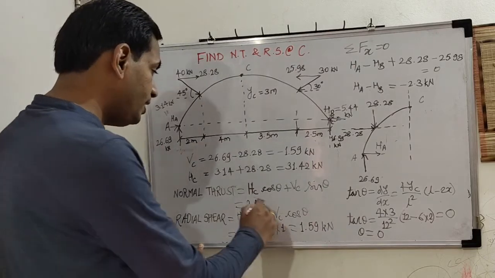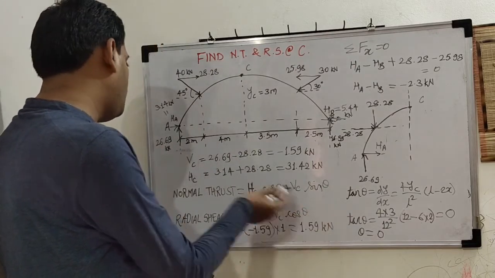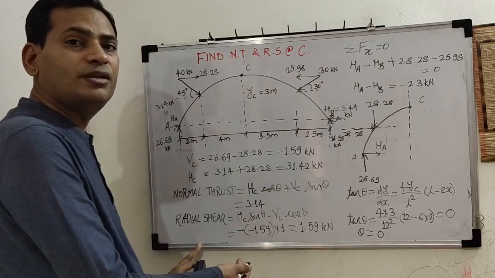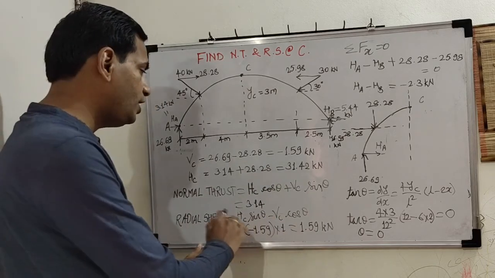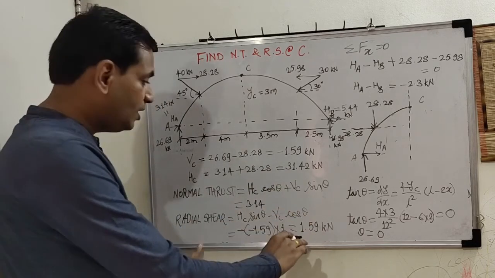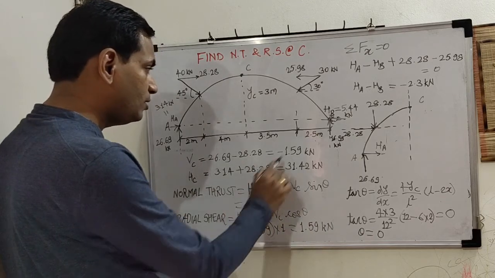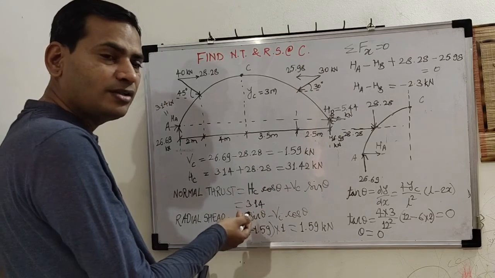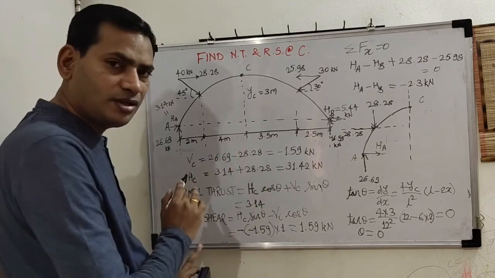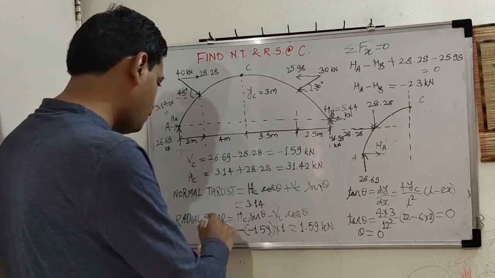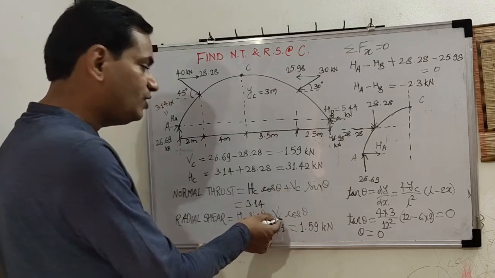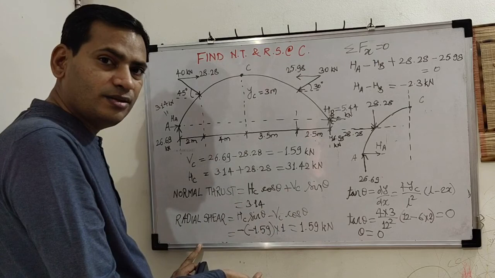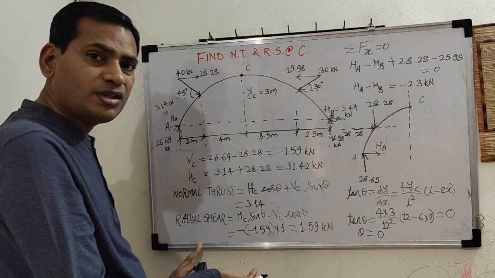Again, one more thing, VC we have got minus. So what about the equation? Simple, keep our equation the same. If your H value is minus, not in this case, but if it is minus, keep minus here. And as VC was minus here, we have kept VC minus without disturbing the equation.